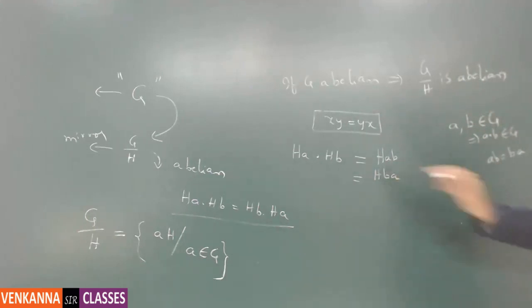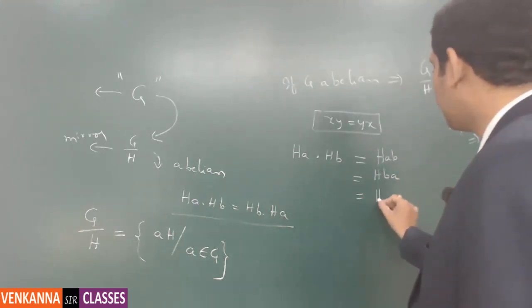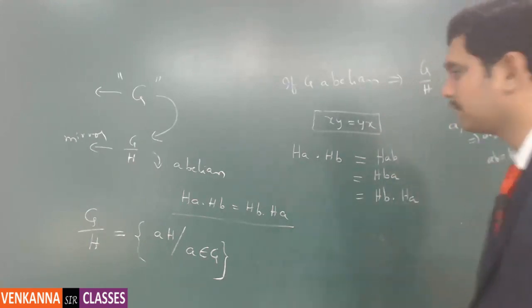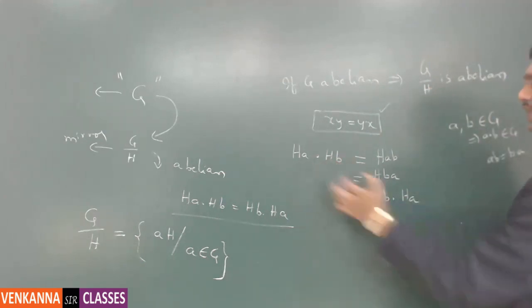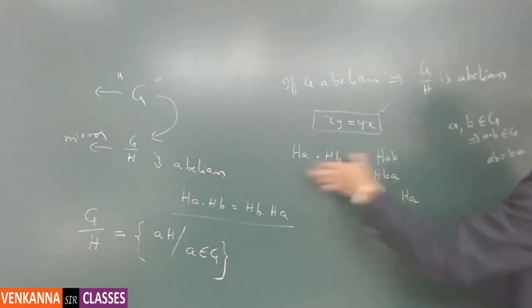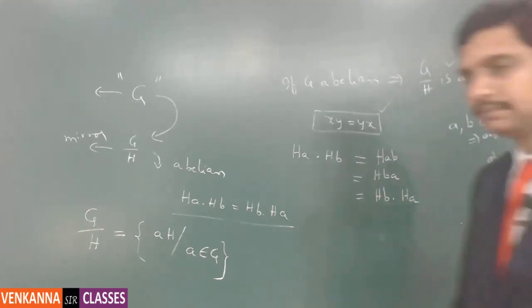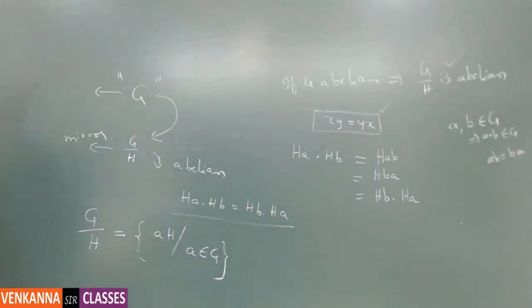Again, applying the coset multiplication property, it is Hb into Ha. Now, this condition is satisfied by the cosets. Therefore, G by H is abelian. Okay? Please take a note of that.